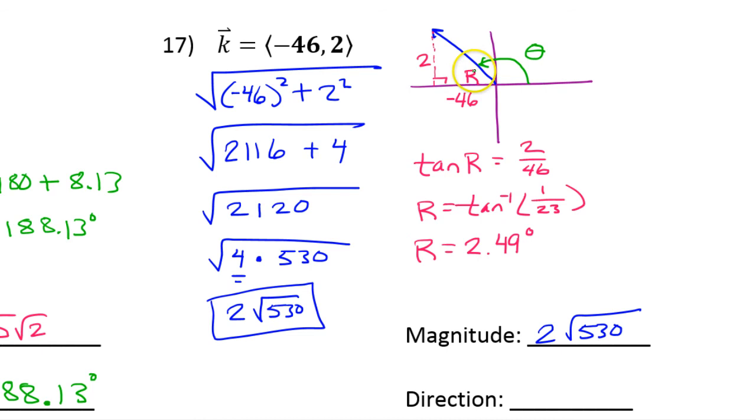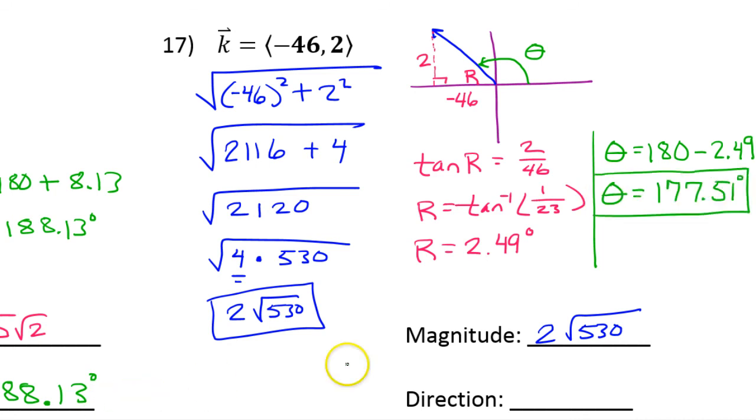I had to stop short by r, so that means I should be able to find theta by taking 180 minus 2.49. And that is 177.51 degrees.